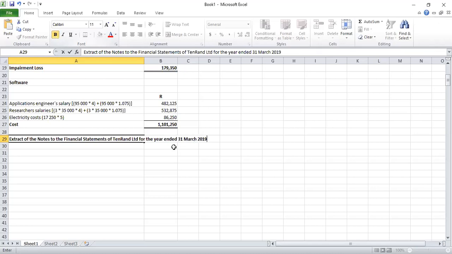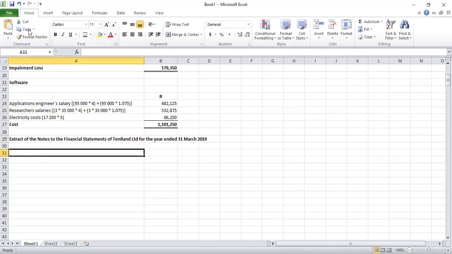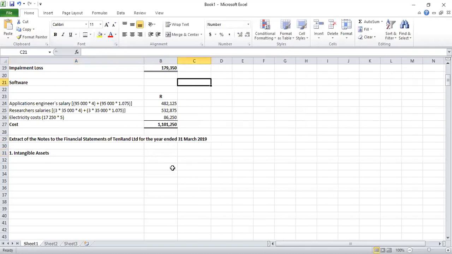Right, they said the total column is not required, so do our intangible asset here. Number 1, intangible assets. Right, my friends, when we're doing this note, we separate and don't combine internally generated and purchased intangible assets. So we'll have our purchased.